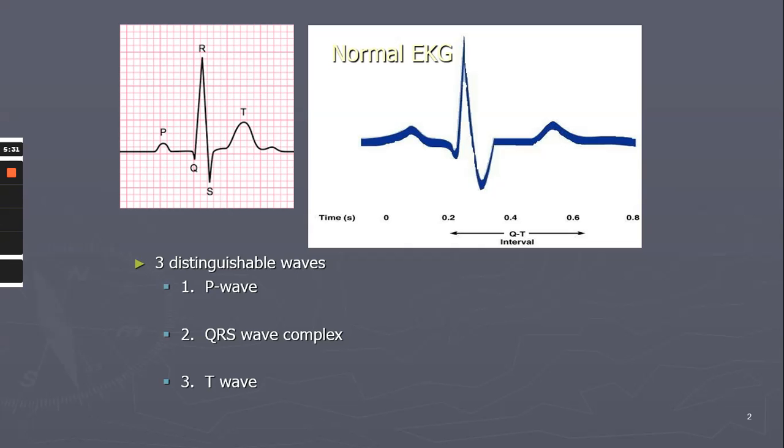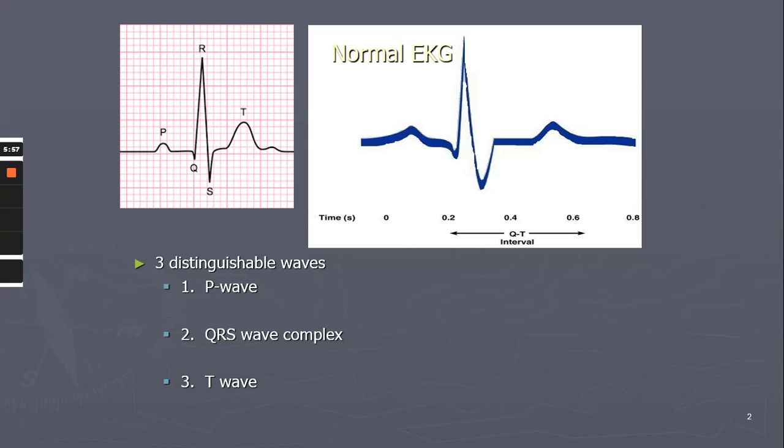So ventricular repolarization, which is shown on the T wave, is going to occur right before the ventricles begin to relax. So those three waves are atrial depolarization, ventricular depolarization, and then ventricular repolarization. You might ask yourself, well, wait a minute.